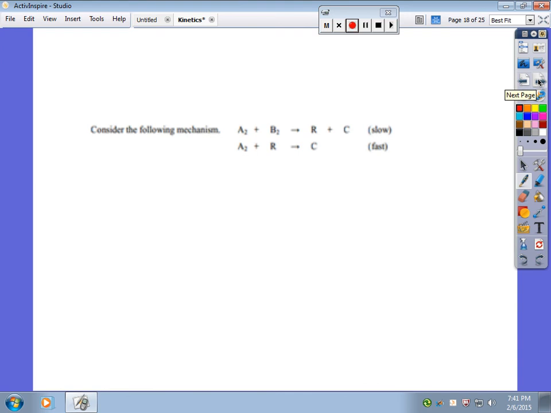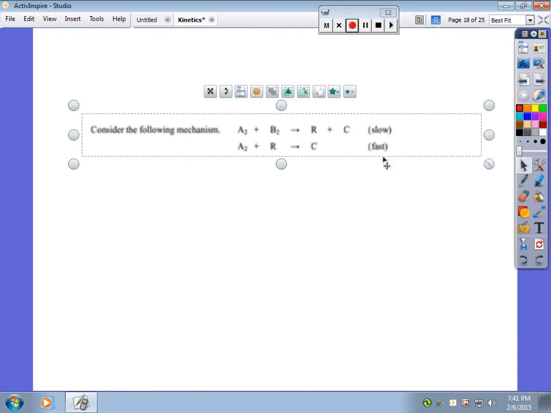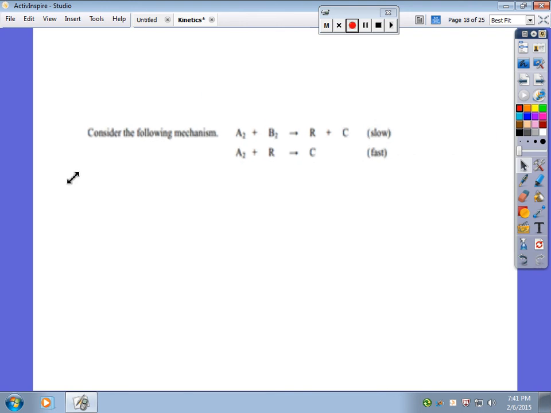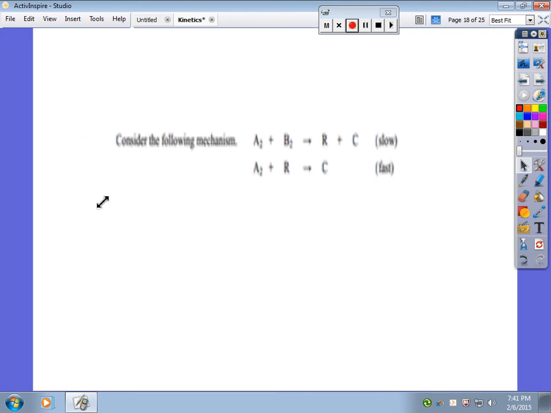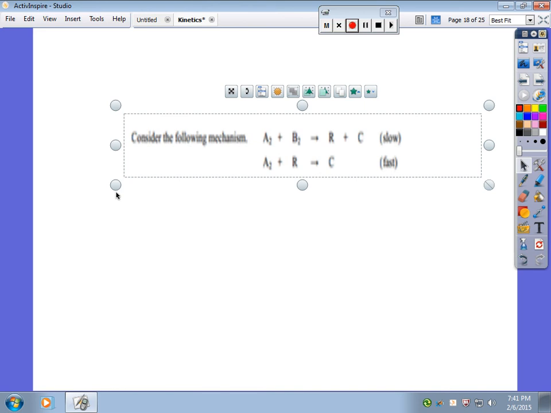Now, when you have a mechanism, this is what a mechanism looks like. Okay, you can't really see that, but these mechanisms are here. Okay, and I apologize. These are mechanisms that can fulfill two requirements: to match an overall reaction and to match a rate law.